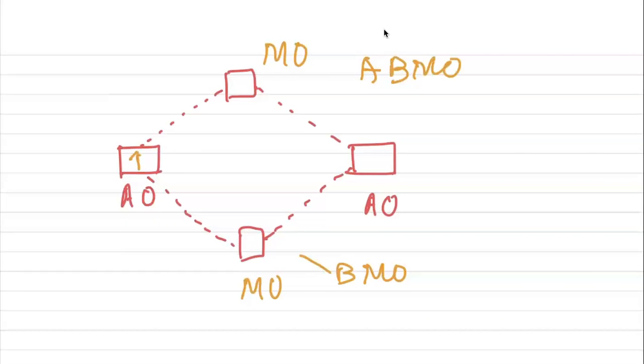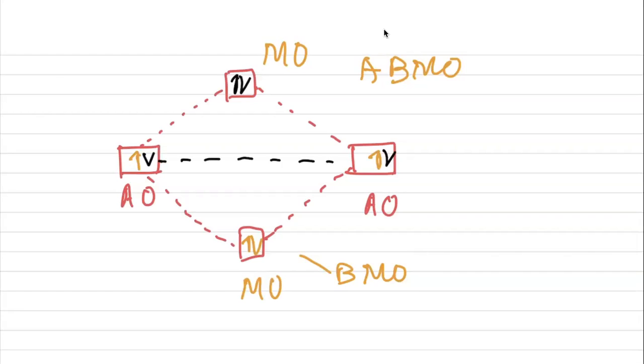Suppose these atomic orbitals have one electron each. First the bonding molecular orbital will fill up. If there are extra electrons, then they go to the anti-bonding molecular orbital.